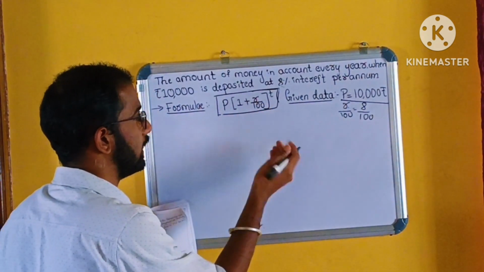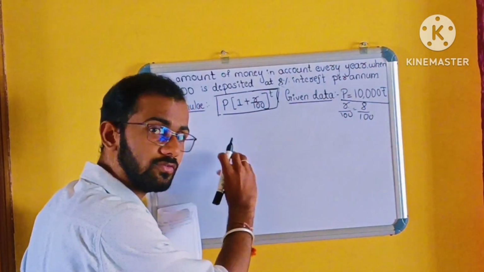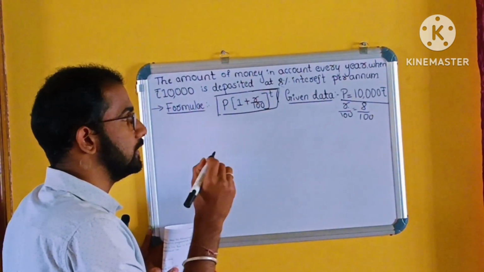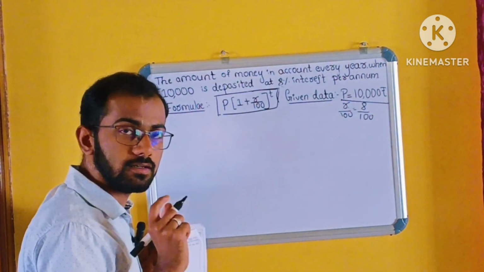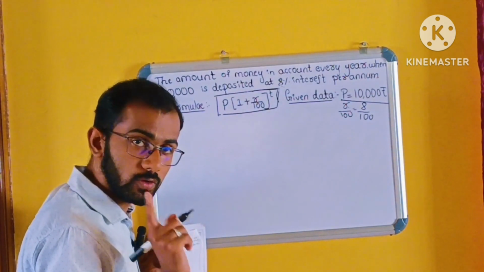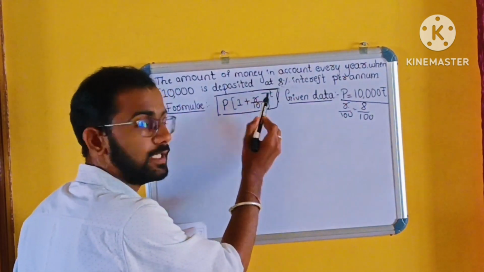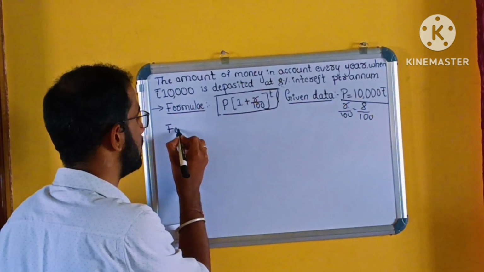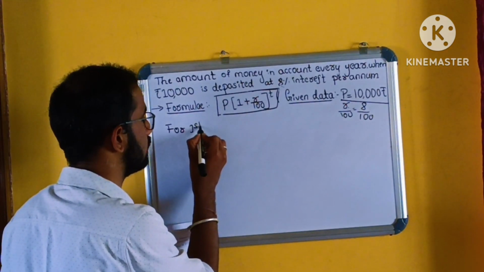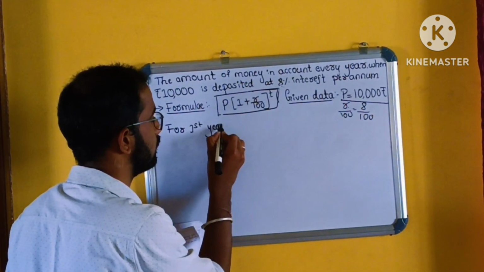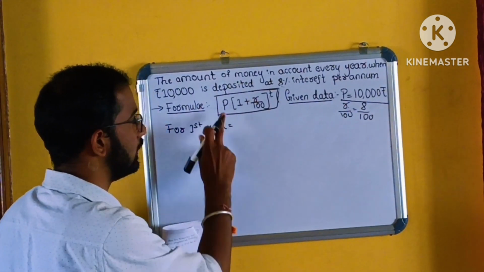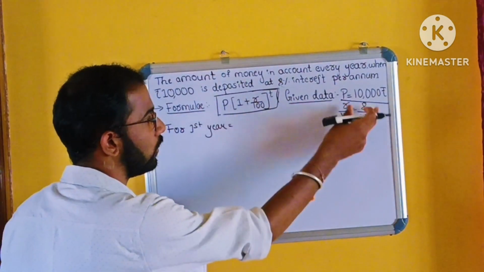Let's see how we can create a sequence of numbers here. I will deposit for 1 year, so for the first year the time T will be 1. Now we need to substitute all these things.